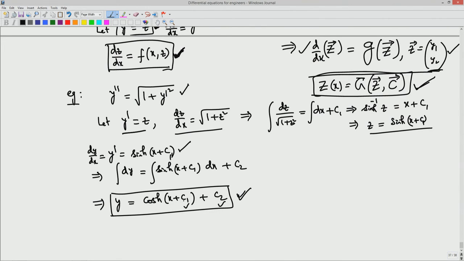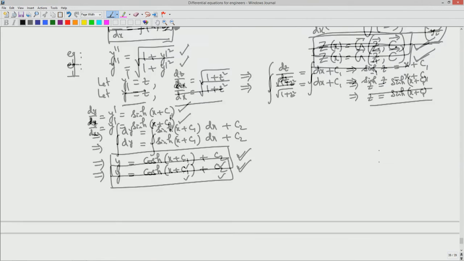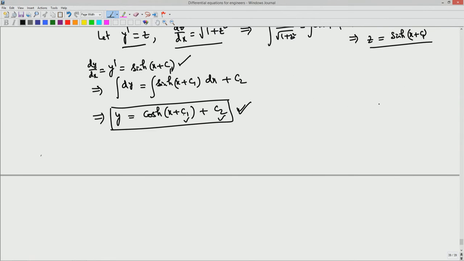Let me give you one more type where you can solve. So third form I will give you so that you can solve. So y double dash, if I have f of y and y dash, if I have it like this, can I solve this second order equation?